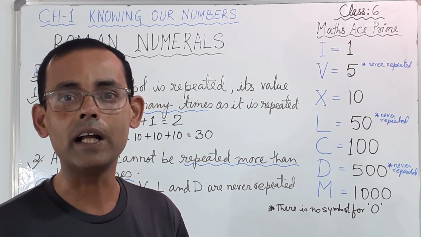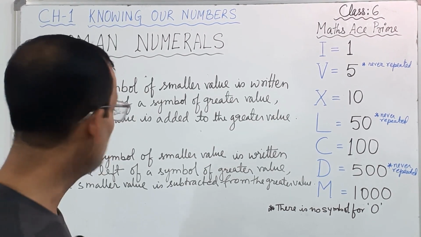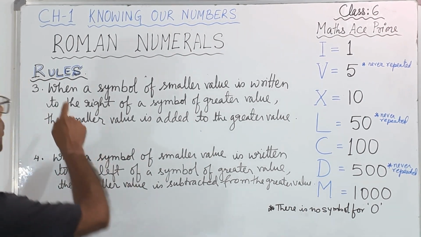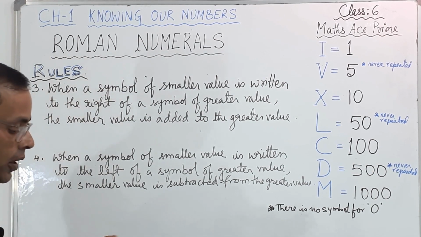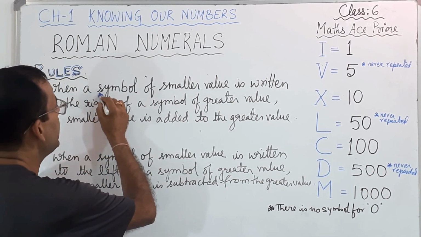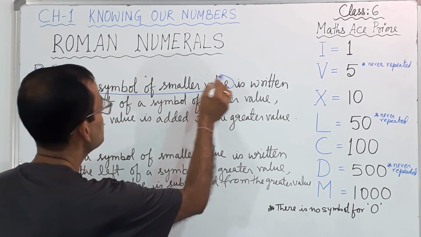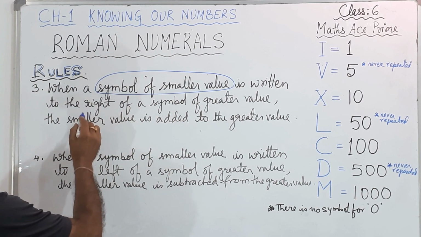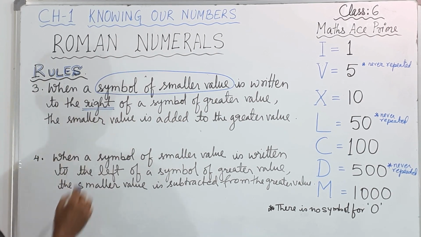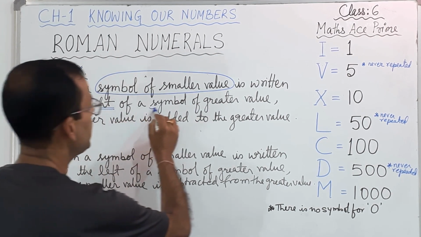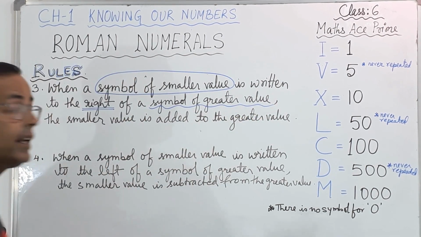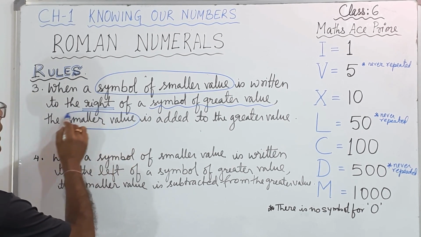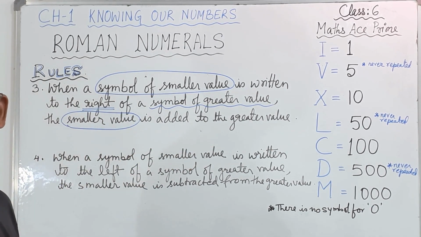Now we will move on to the next rule. Now rule number 3. Let us see what they are telling us in rule number 3. When a symbol of smaller value is written on the right of a symbol of greater value, then the smaller value is added to the greater value.